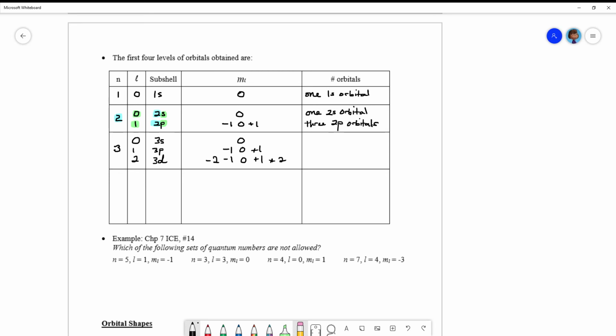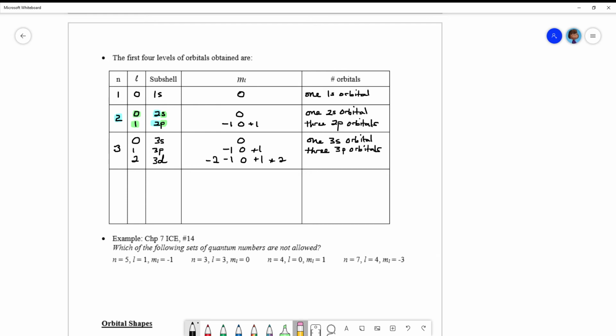We got 1 m sub L value for the 3s subshell, which means once again there's only one 3s orbital in the 3s subshell. But we got 1, 2, 3 values when L is equal to 1 for the 3p subshell, and 3 values mean that there are 3 3p orbitals in the 3p subshell.